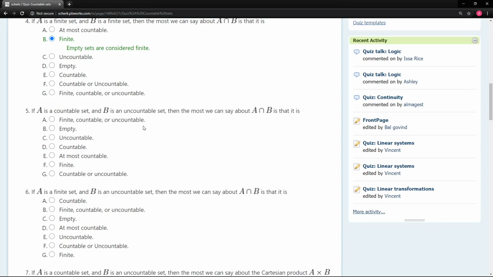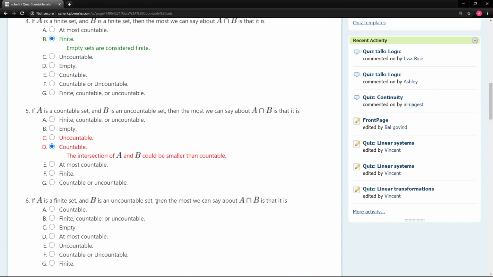But no, because remember, let me just check before talking. Okay, shouldn't have talked. At most countable. Yeah, okay, that was right. I'll explain in a bit what I was thinking. But the answer is yes, at most countable.